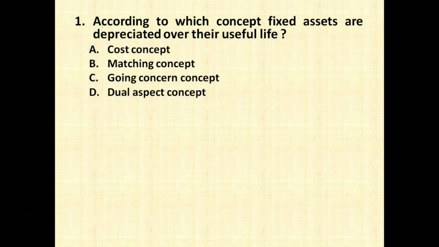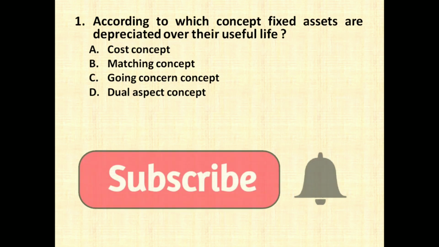So the first question is, according to which concept fixed assets are depreciated over their useful life? Cost concept says that everything whatever you purchase should be recorded as per the cost price, whatever market price it is, it does not matter. So if you are purchasing an asset for 10,000 and the market price is 50,000, you should write 10,000 itself.